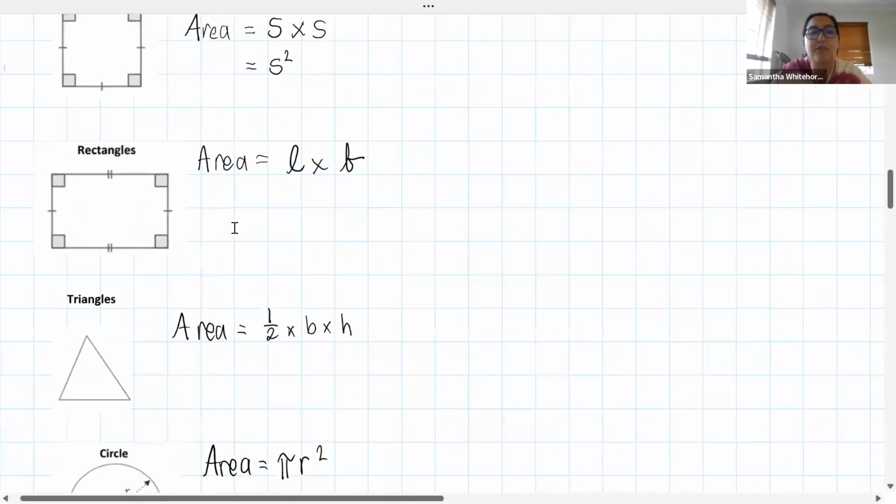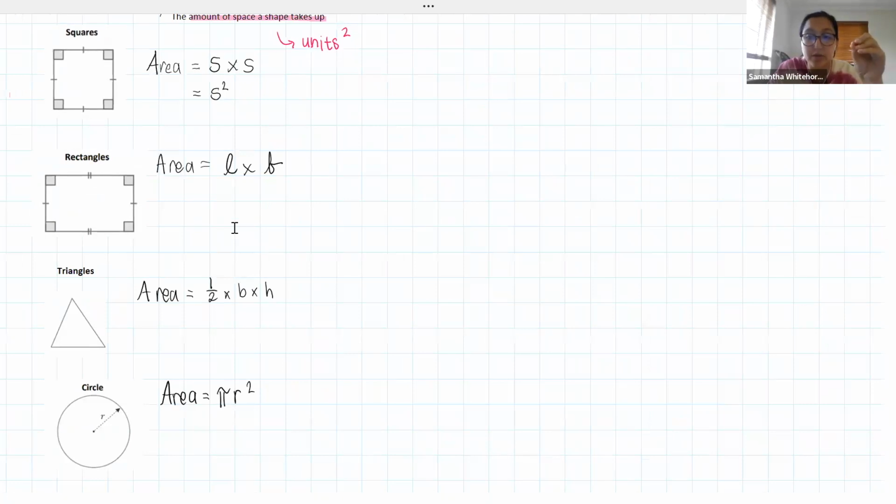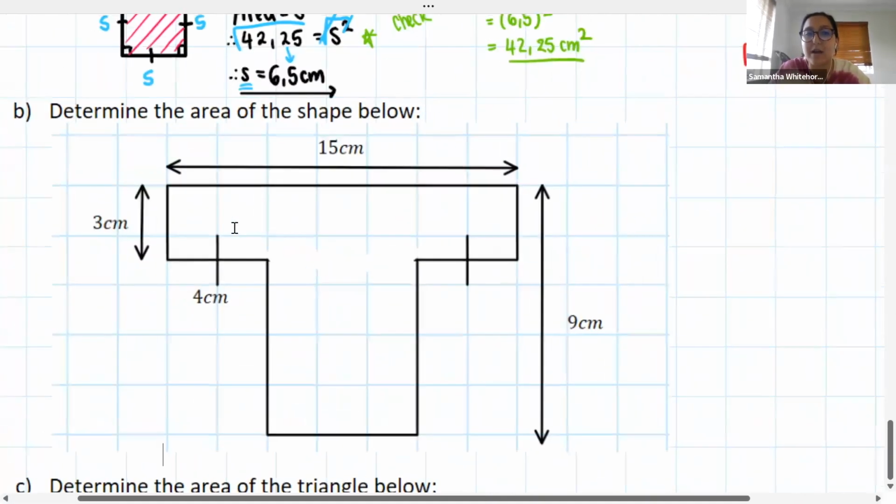If we go back to all of our formulas, we've got a formula for a square, for a rectangle, for a triangle, and for a circle. Nowhere do I have a formula for the area of a strange looking shape. And so exactly as Nomsel said there on the chat, we break up our shape.